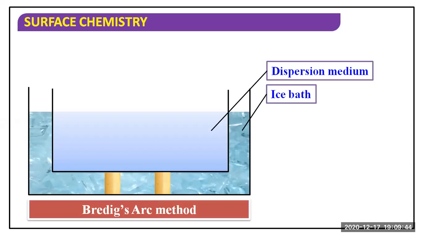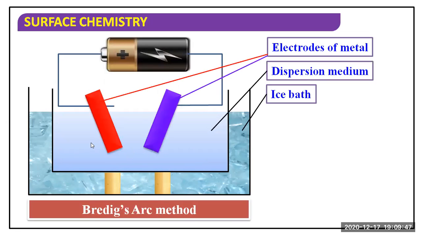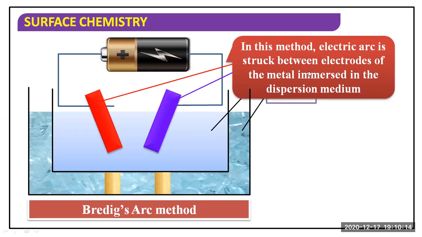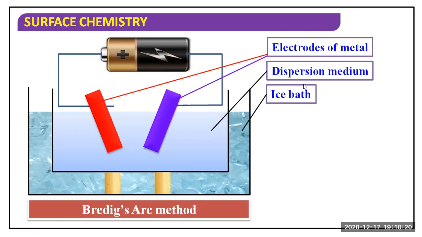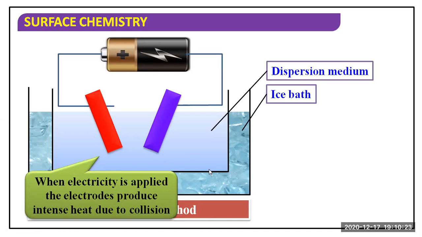In Bredig's arc method, there are two electrodes, one positive and one negative. If we just touch them to each other, there will be an arc and it will melt, because huge heat is generated. Electrodes of metal are immersed in the dispersion medium, which is ice cold water, because there will be huge heat after the arc. When electricity is applied, the electrodes produce intense heat.